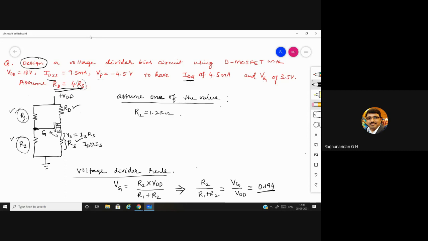Even though we are telling VG is dependent on R2, since we are using a fixed resistance value, it will not create any fluctuation in VG. Because once you fix this as 1.2 kilo ohm, you'll get the exact value of R1. So to balance this value, the entire circuit will get balanced. So assume R2 is equal to 1.2 kilo ohm.